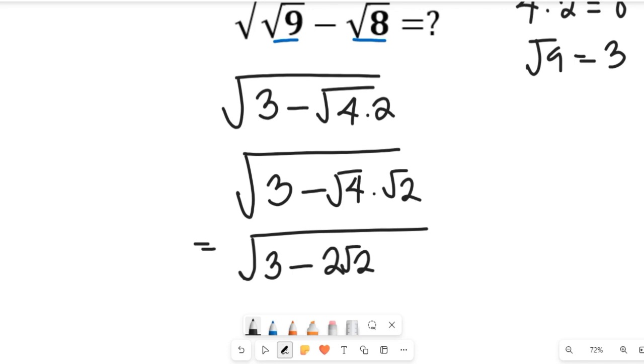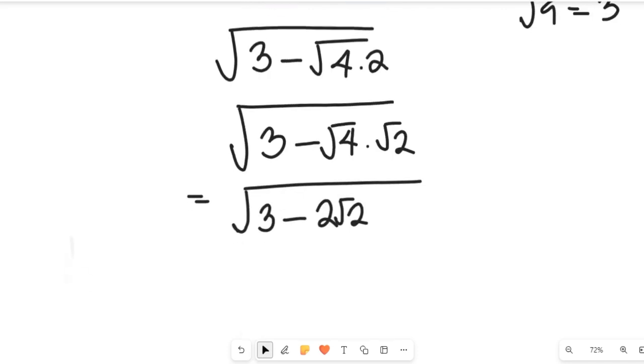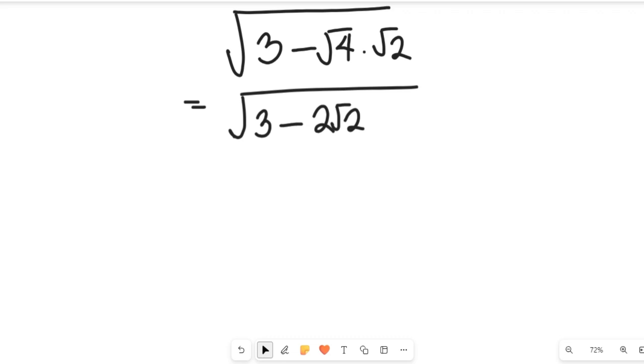So having arrived at that, I want you to recall an algebraic formula. We're going to look at the reverse of that algebraic formula.